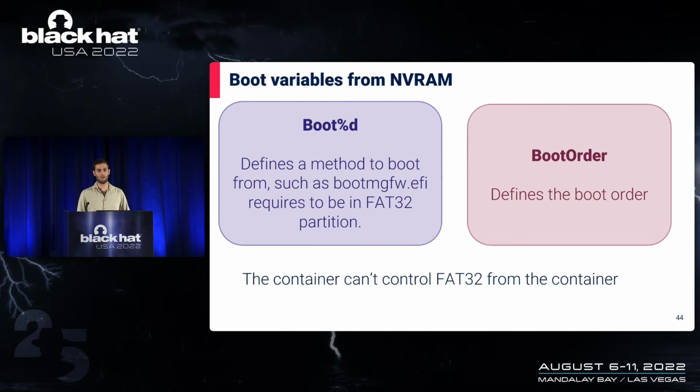BootOrder defines the order of the boot, whether we are going to boot from CD first, hard disk first, and so on. The Boot variable is sometimes linked to files on a file system. But these files are found in the UEFI partition in FAT32, so the container can't access them, so we can't use it.